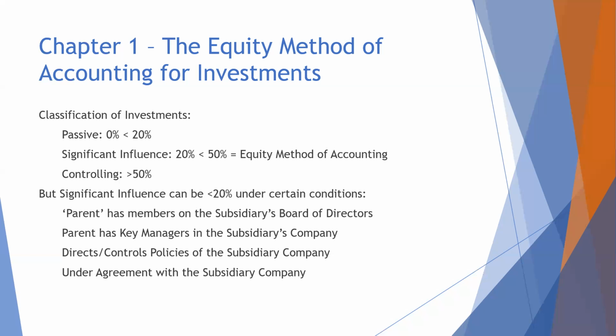There's other requirements for passive investments and controlling investments. Now, the fun part about this, and this is the super fun part, is you could have significant influence, but own less than 20% of their stock under certain conditions.